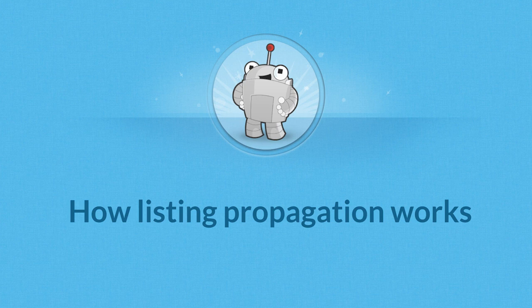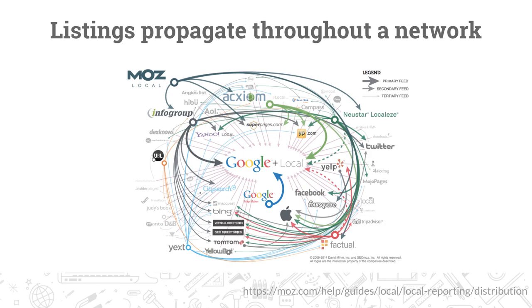So in this lesson, we're going to describe how this listing propagation concept works. Let's start with just a broad understanding of the diversity of this, what we call the ecosystem of listings. You can see in this image, which is intentionally complicated, that there are a number of different players and different software companies out there that distribute and consume business listings.